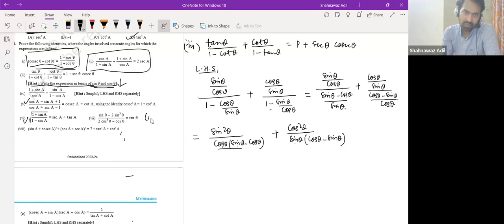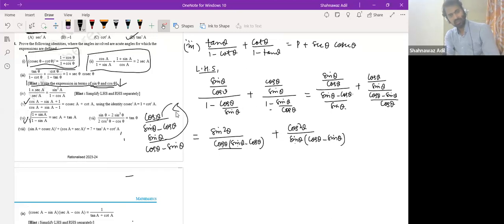We have cos theta, sine theta minus cos theta, and sine theta and cos theta minus sine theta. These are totally unequal terms, right? But what can you say about the second and fourth terms? What is the difference between these two?